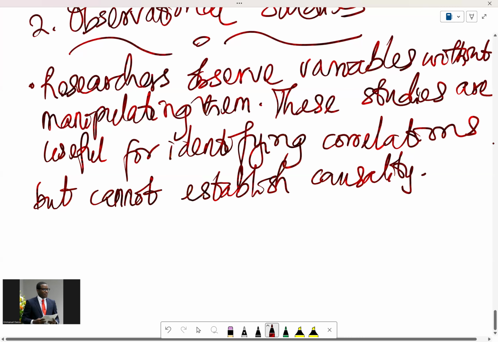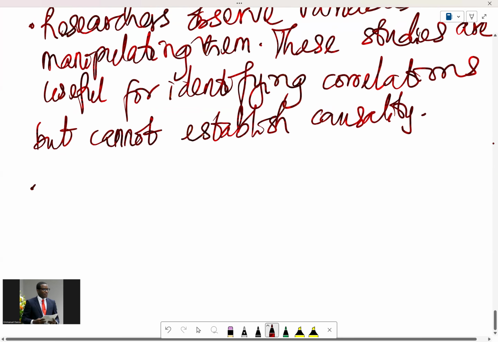So observational studies are good for correlations, but if you want to see causality, experiments are necessary. You may need to hold a variable to see what happens to the other one. So you need to know your aim and do what is expected to get the kind of results you are required to get.